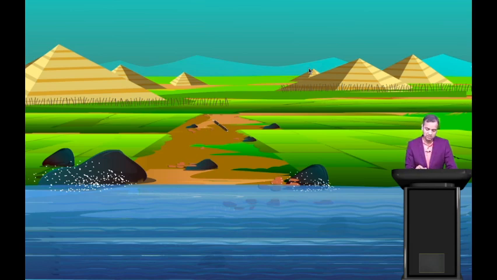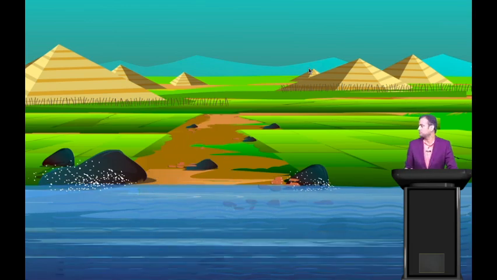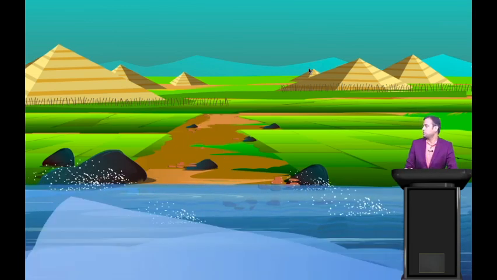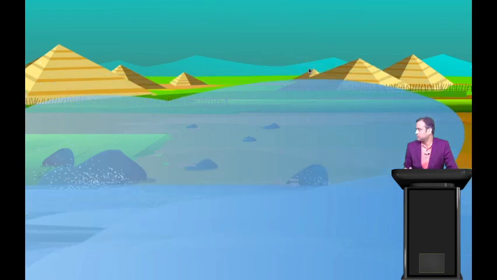Its vertex is in a conical shape, and there is a base. It's kind of like this. This shape is called a pyramid. So you can see there are lots of pyramids on the bank of the river Nile.